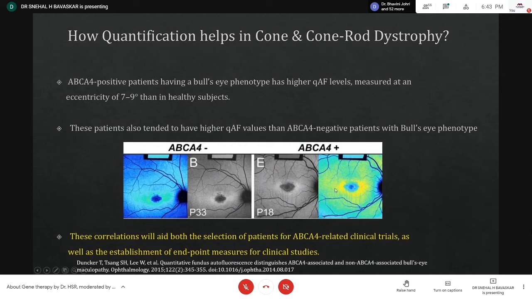But when we compare the color-coded map, which signifies quantitative autofluorescence, in an ABCA4 positive patient, high background autofluorescence is there, in comparison to the ABCA4 negative. They found these results in many patients with ABCA4 positive, and hence these correlations can help in the selection of patients for ABCA4 related clinical trials.